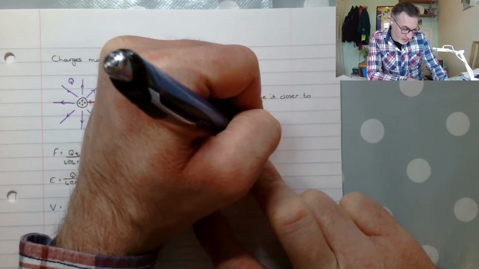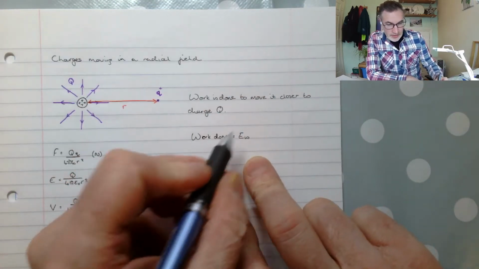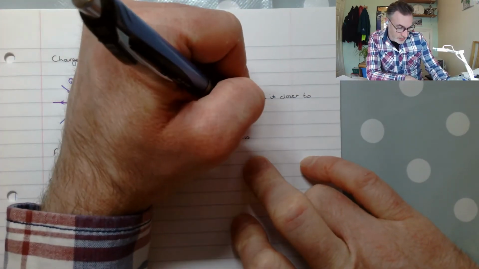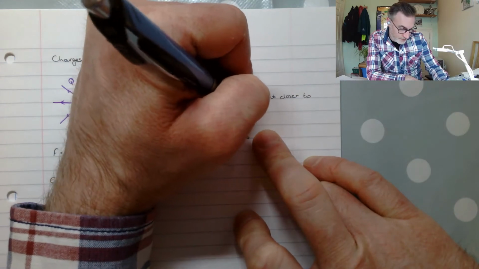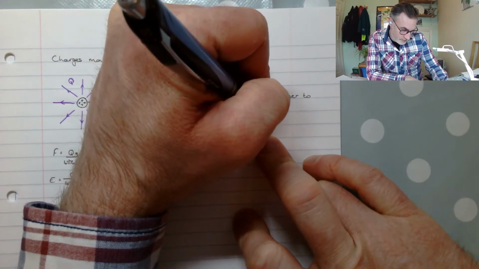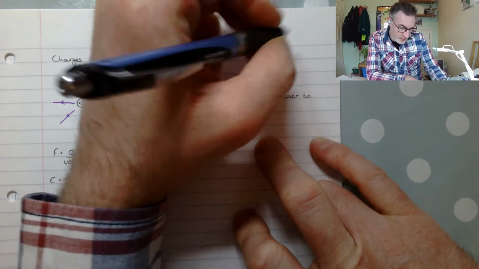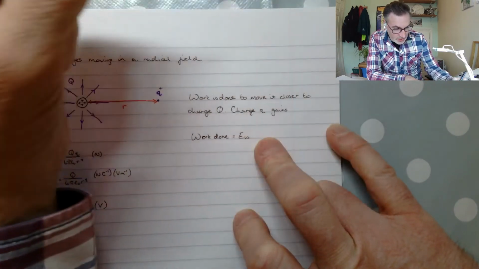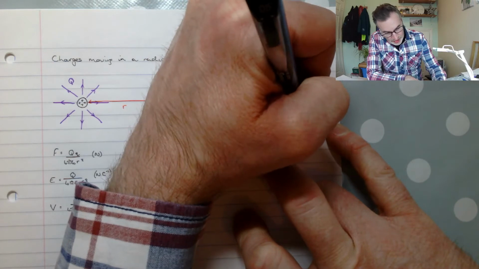is going to be EW, and we'll say, so work done to move it closer to charge Q, charge Q gains EP.